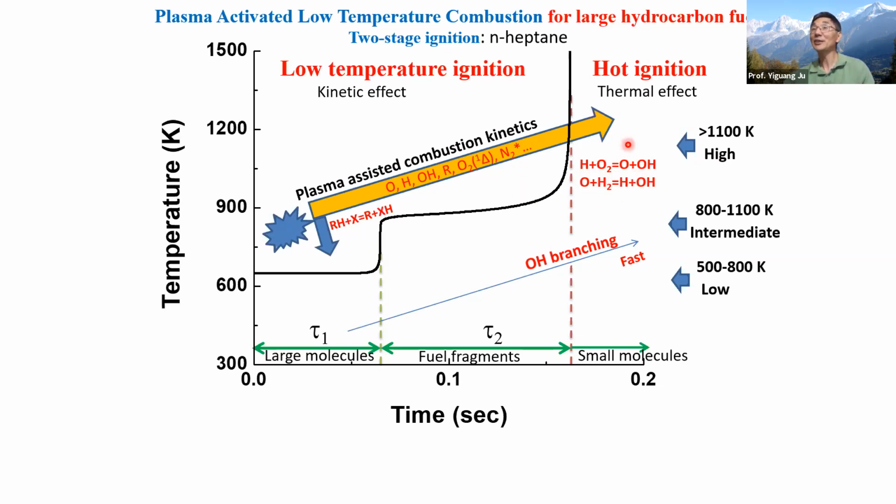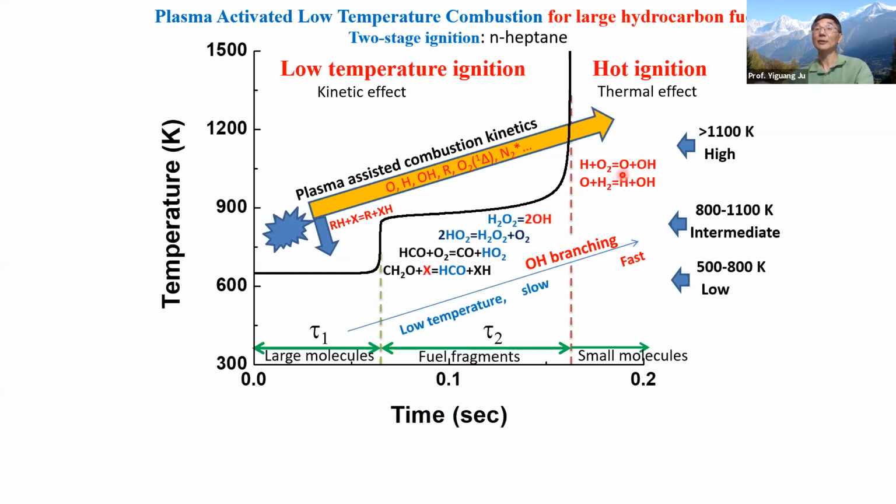So this radical production from chain branching reactions is much, much faster than the plasma generated radicals. Therefore, for high temperature flames, in principle, plasma has no effect in terms of enhanced flame speed other than raising the temperature, not even any chemistry effect.